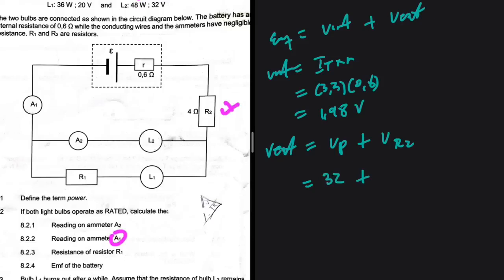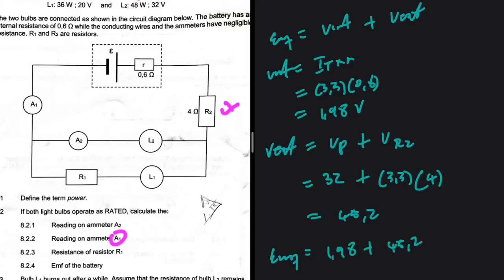Now let's calculate the voltage dissipated by R2. The current that passes through R2 is 3.3 because that resistor is in series. And the resistance of R2 is 4. So let's add these. 32 plus 3.3 multiplied by 4 is 45.2. So EMF will be equal to V internal 1.98 plus V external 45.2.